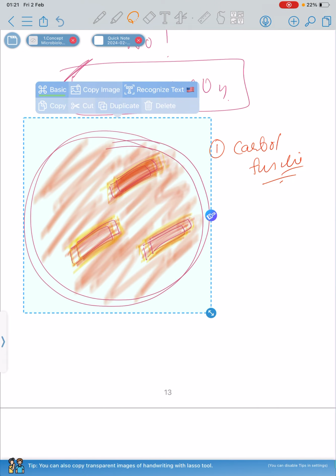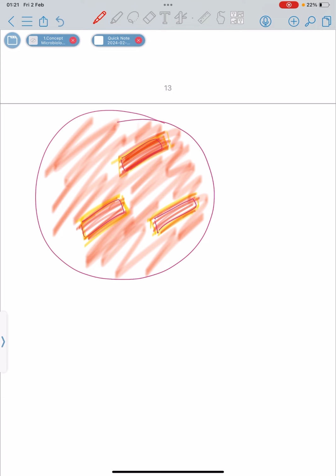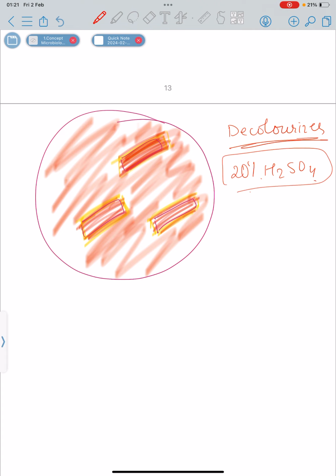Now let me take the same thing as an example. Second step is that we applied decolorizer, which in this case is H2SO4, 20%. Mind you, beyond 20% it will get decolorized, but up till 20% it won't.